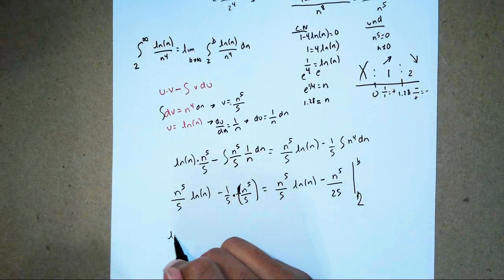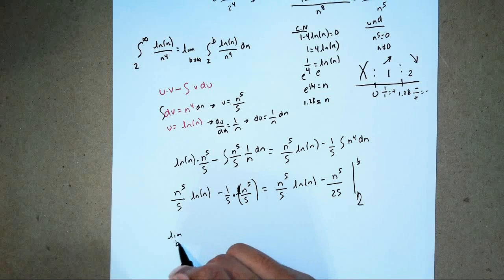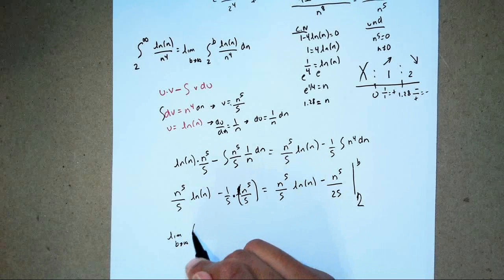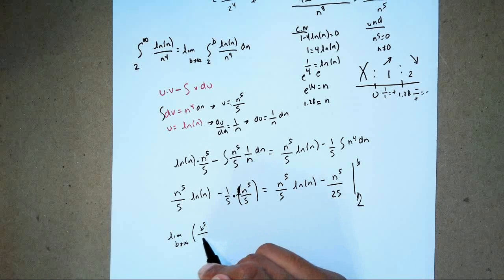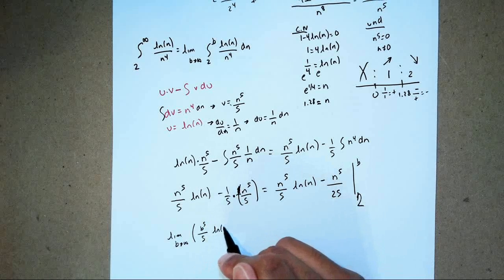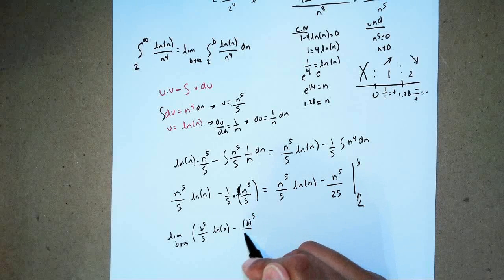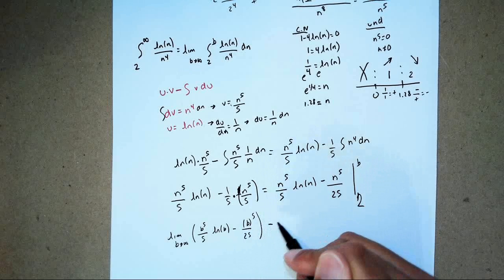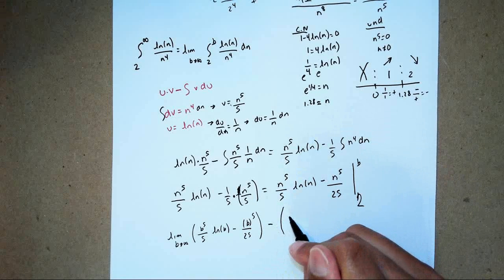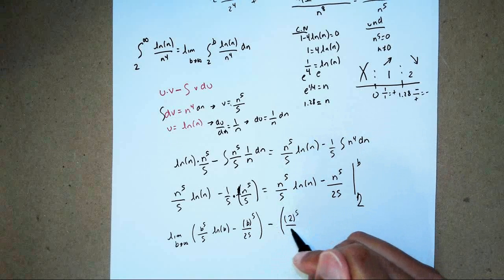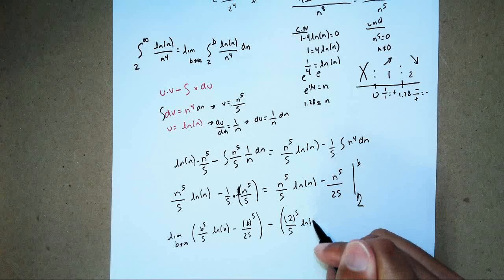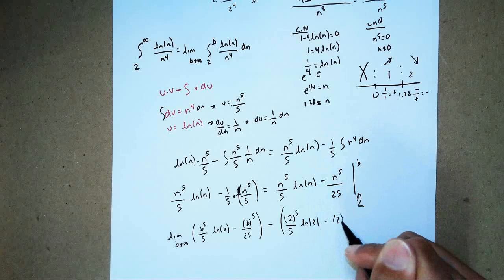The limit as b goes to infinity of b to the fifth over 5 ln of b minus b to the fifth over 25, all being subtracted by me plugging my lower bound, which is 2, so 2 to the fifth over 5 ln of 2 minus 2 to the fifth over 25.